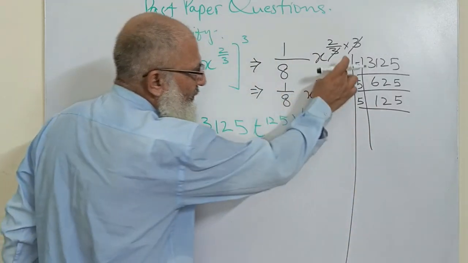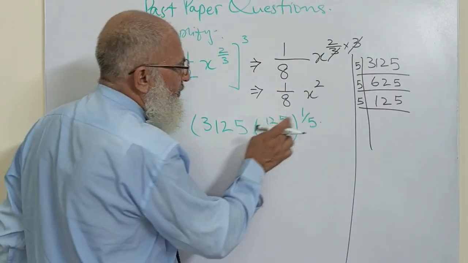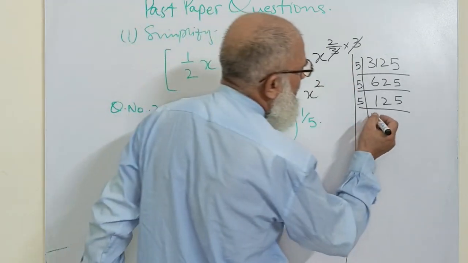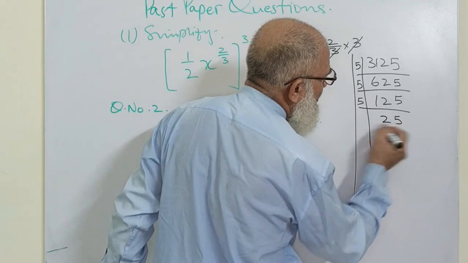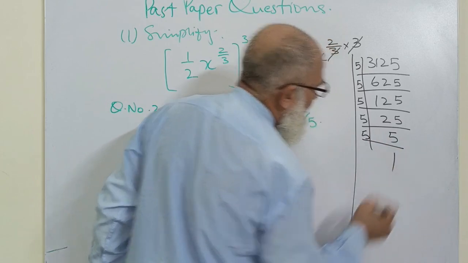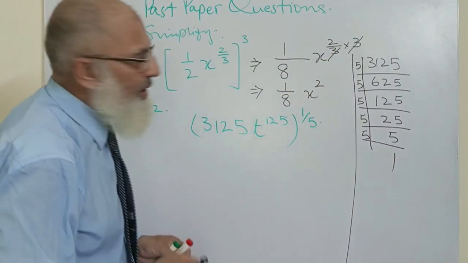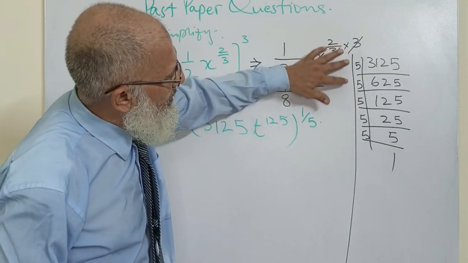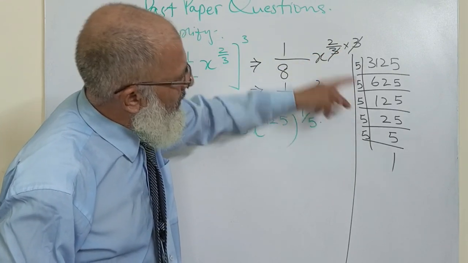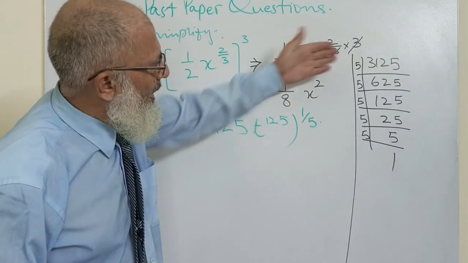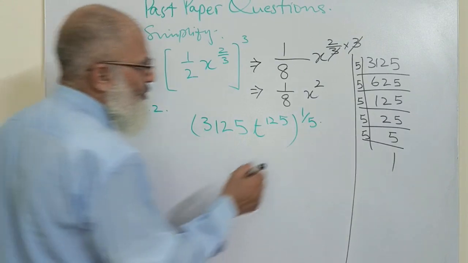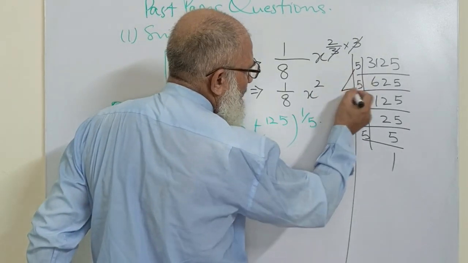You'll see that 5 fives will come in a row, 1, 2, 3, 4, 5. And it happens that 5 fives have come in a row. So we'll pick up only one out of here.